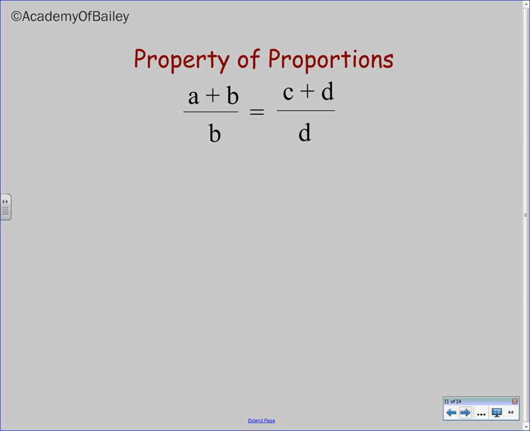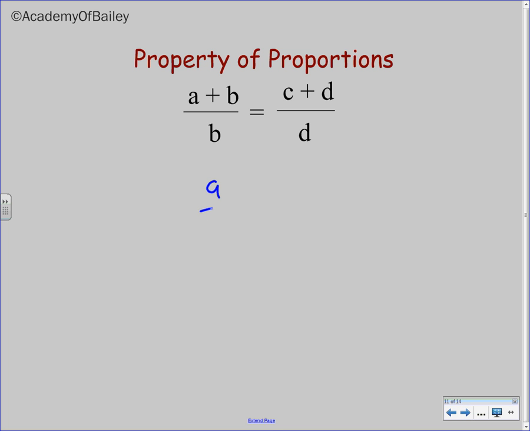Moving on. This is another property of proportions. The reciprocal property and the cross product property were two other properties of proportions. This is another one. Where are we going here?